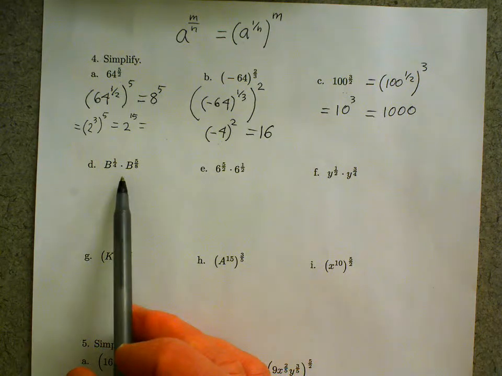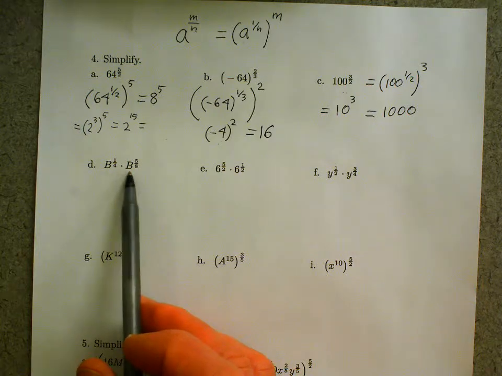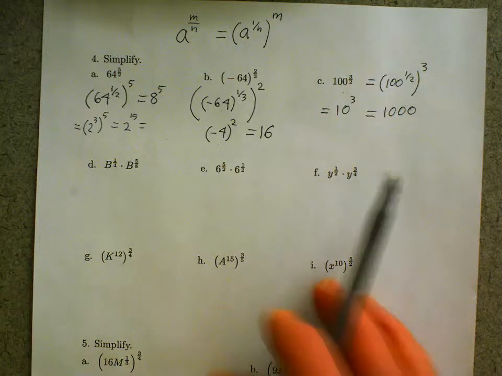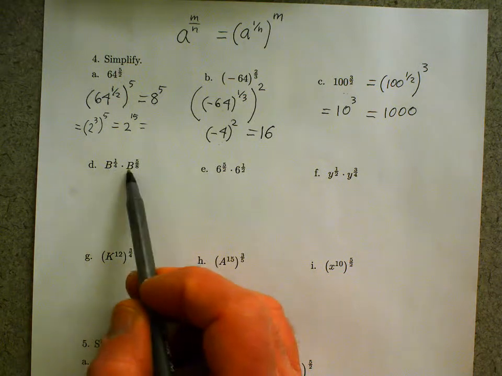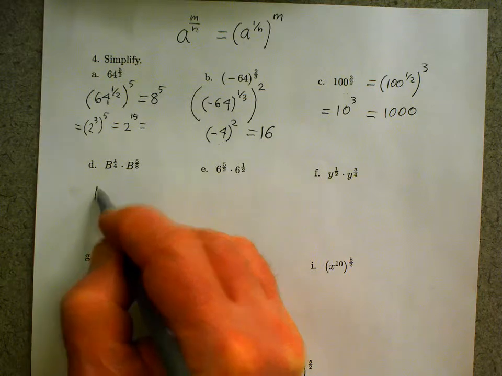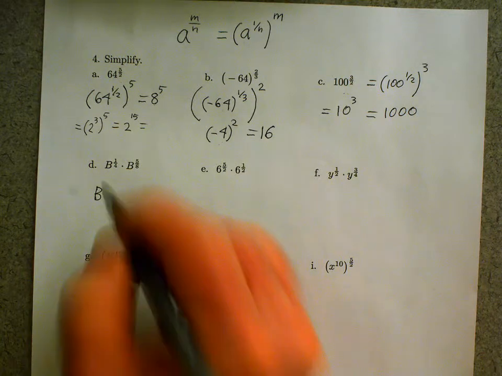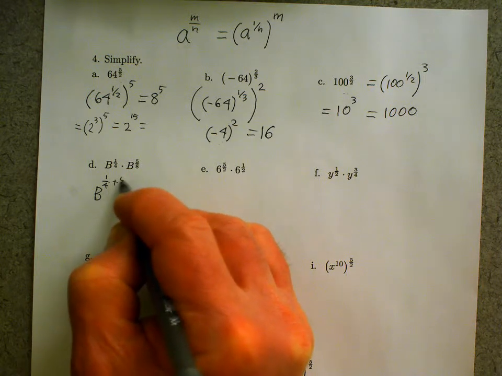Hey, we have some other properties to practice next. b to the 1/4 times b to the 5/8. We are multiplying two terms that have the same base, b, so we can write the base b and add the exponents. So b to the 1/4 plus 5/8.